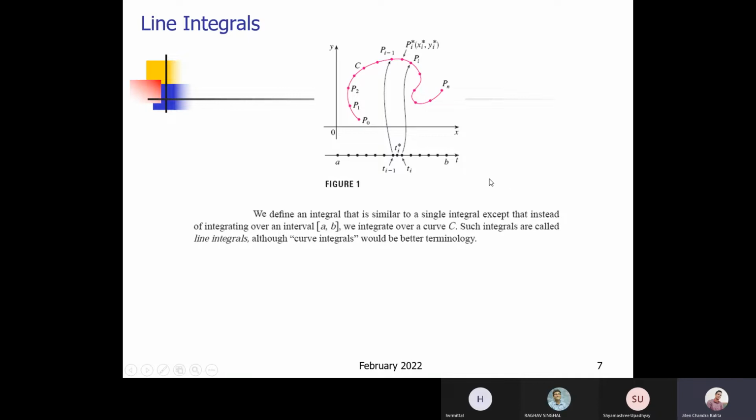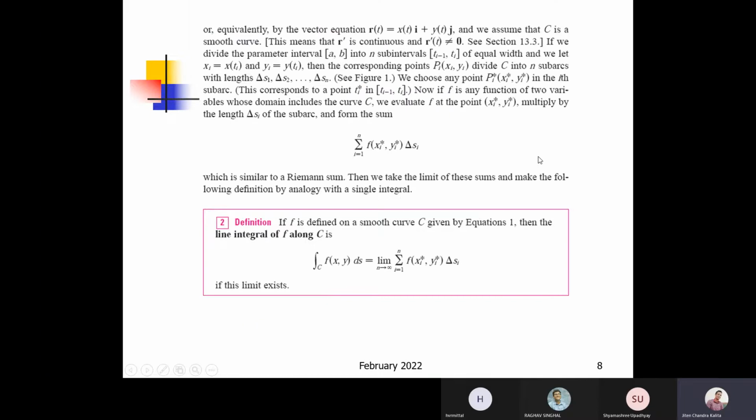Now, the interesting thing is, we are going to have n sub-arcs, isn't it? Let us assume that they are of length delta S1, delta S2 up to delta Sn, right?